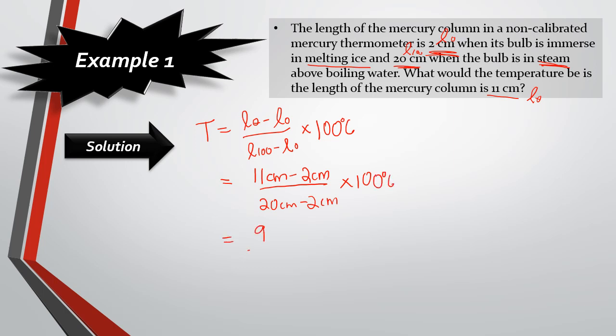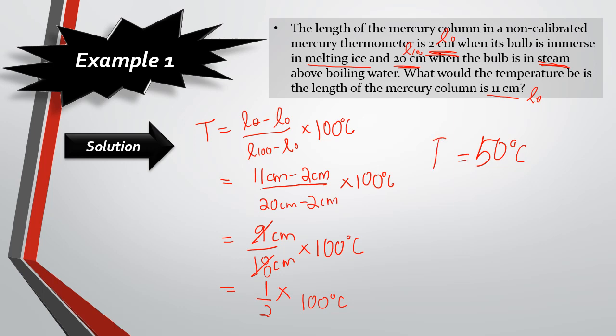So we have 9 over 18 cm times 100 degrees Celsius. We can cut it into half. The centimeters cancel, times 100 degrees Celsius. So we will get 50 degrees Celsius. The temperature is 50 degrees Celsius.